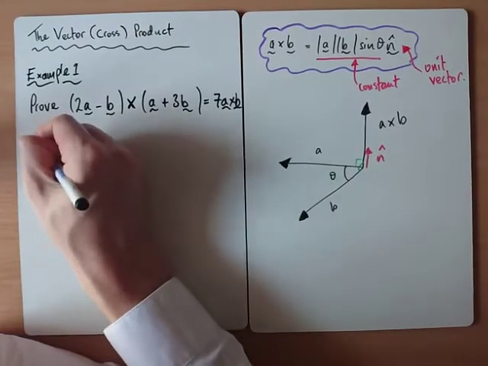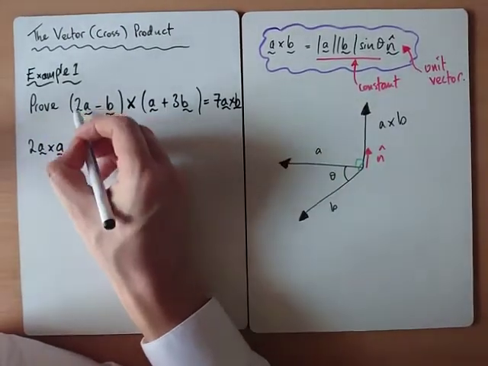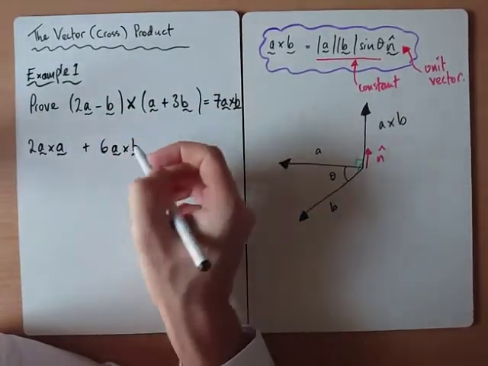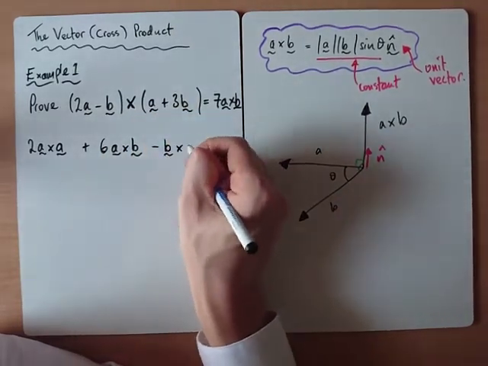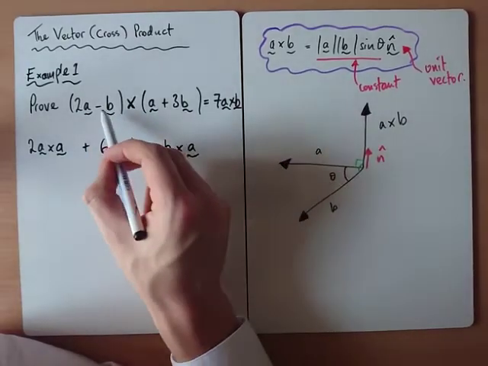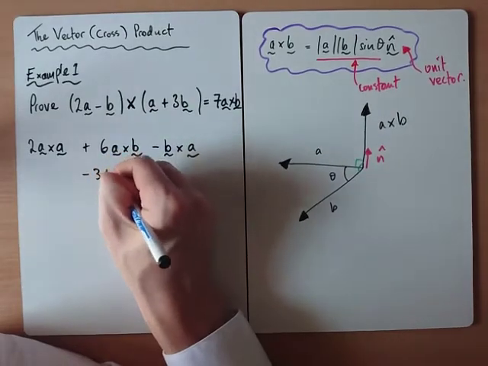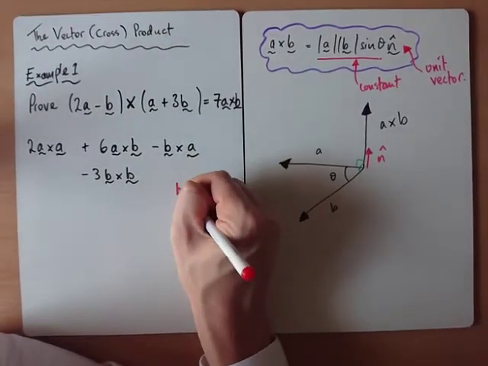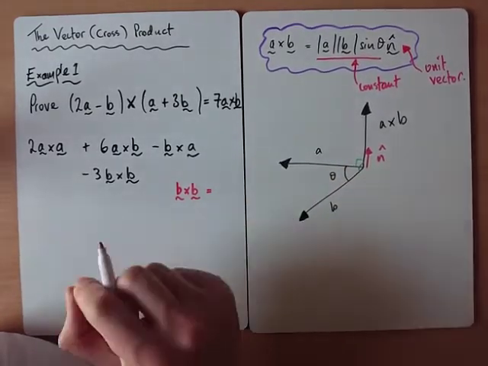So that would be 2a cross a plus 6 A cross B, and then minus B cross A, and then minus 3 B cross B. Okay, so what we can now say, if we cross product two vectors, a vector is clearly parallel with itself, isn't it?